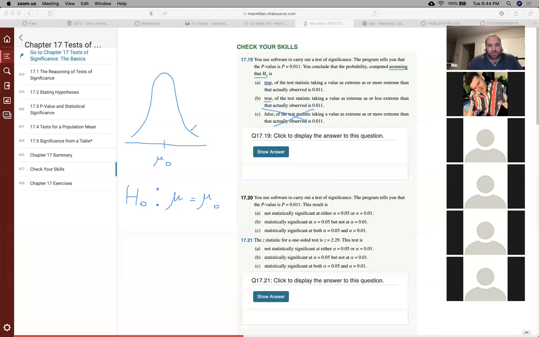And we work under the assumption that the null hypothesis is true. The alternative to that is one of three possibilities. Either the mean is greater than what you say it is in the null hypothesis, or the mean is less than what you say it is in the null hypothesis. And what's the third possibility?